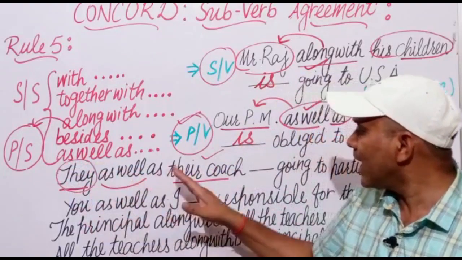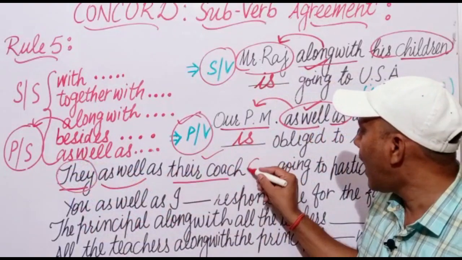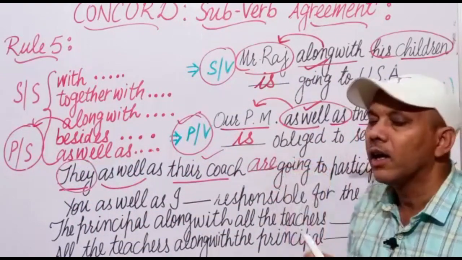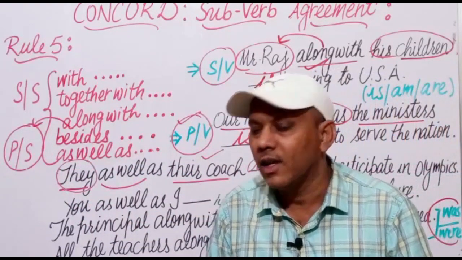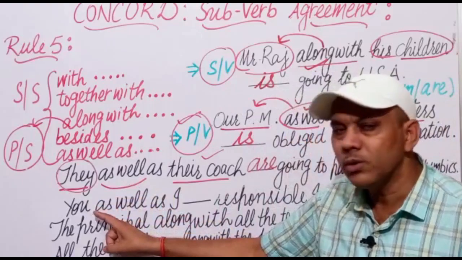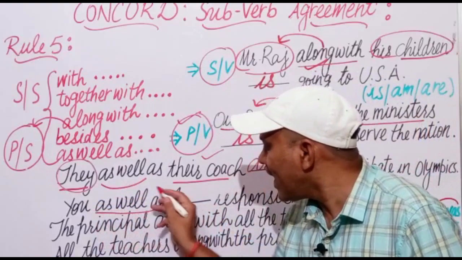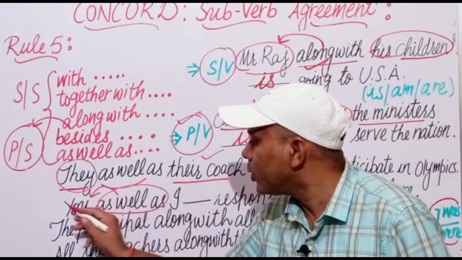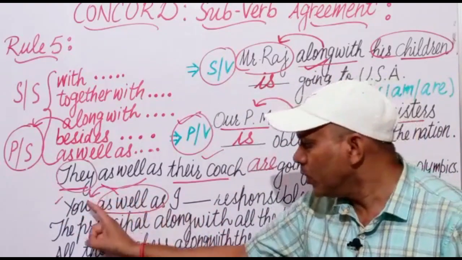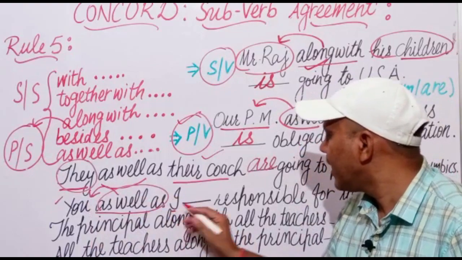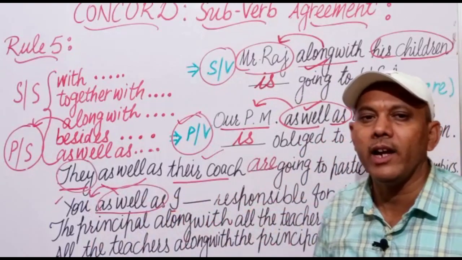They as well as their coach are going to participate in Olympics. Next sentence is you as well as I. Here, as well as is preceded by you. You as well as I dash responsible for the failure.